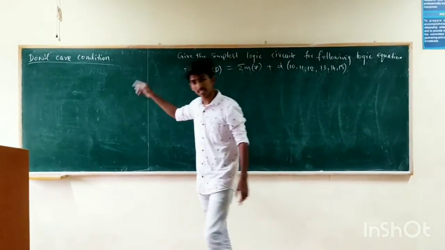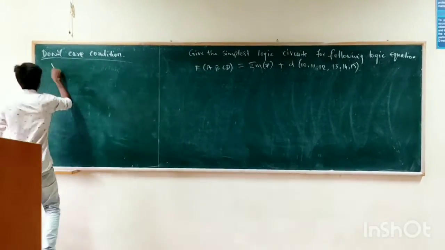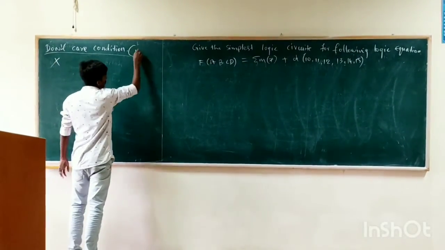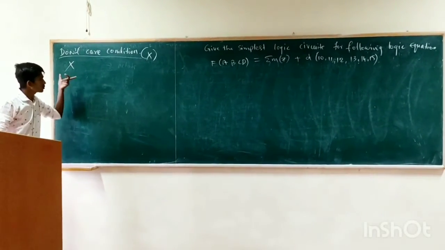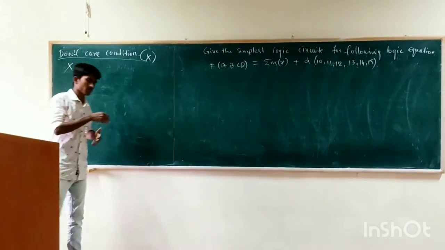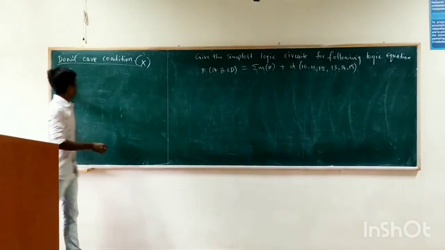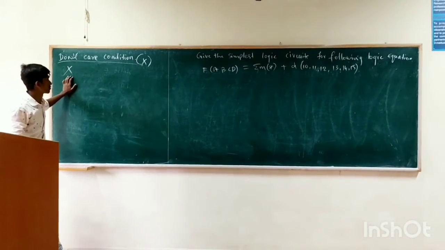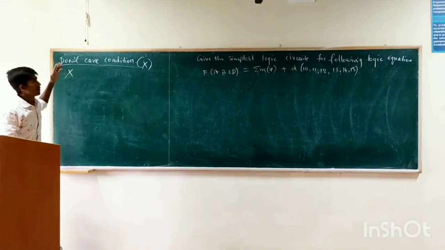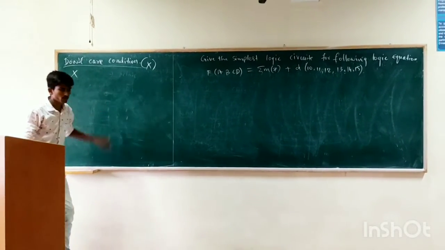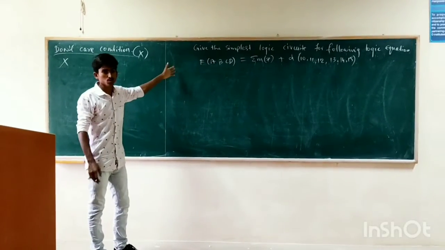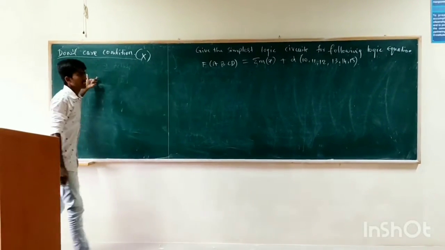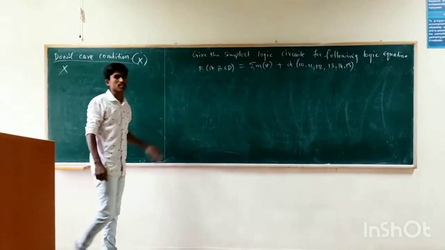We represent the don't care condition as X because those inputs and outputs will not appear in some normal conditions. I will explain this by doing a small example. From this example, you can understand how to write a don't care condition. By solving this, you can understand properly.